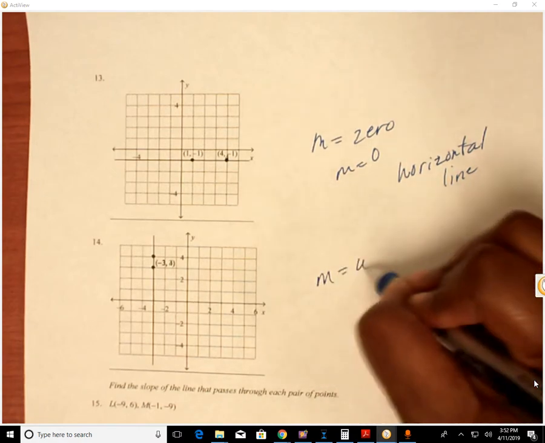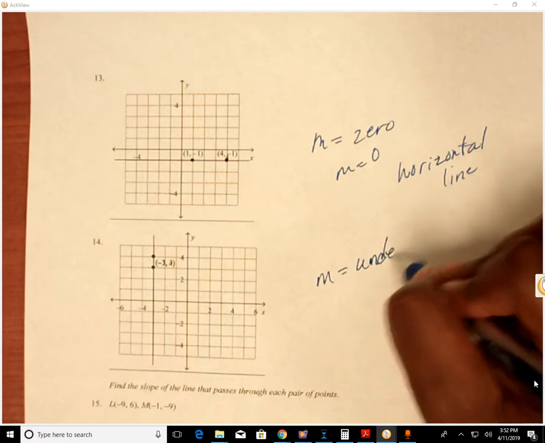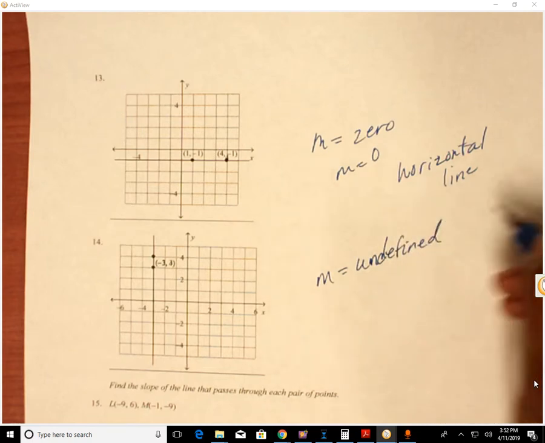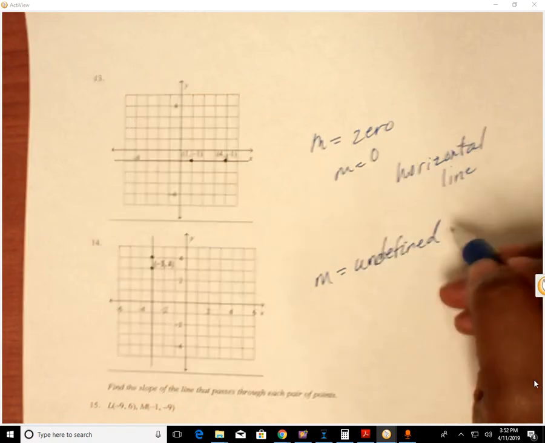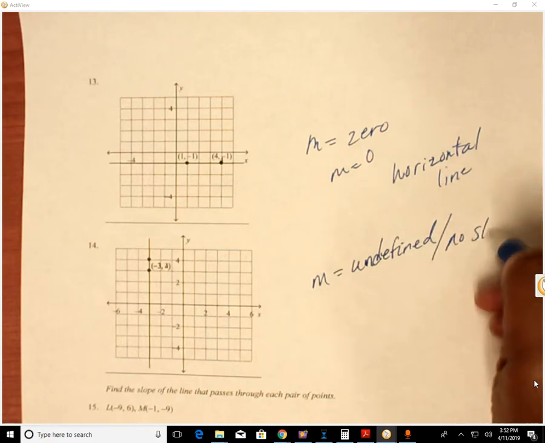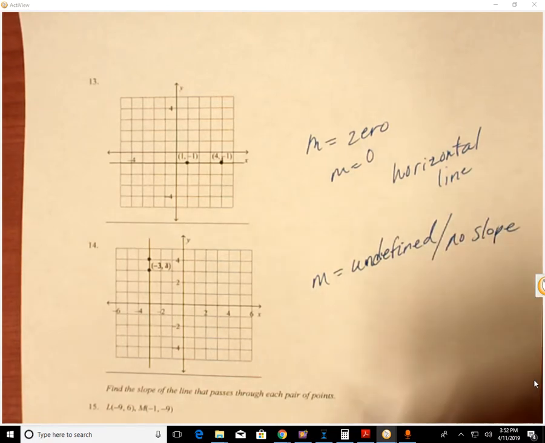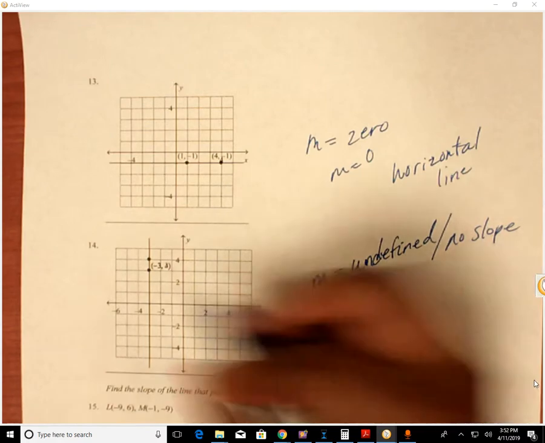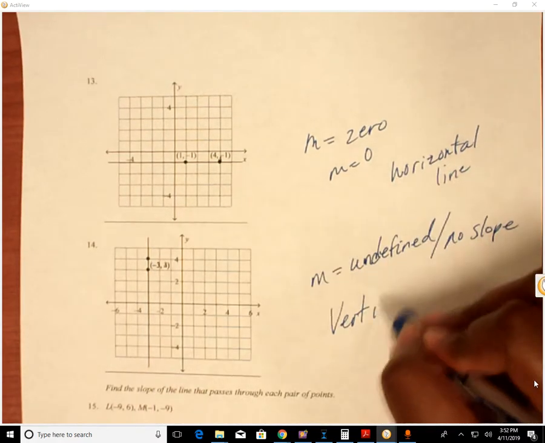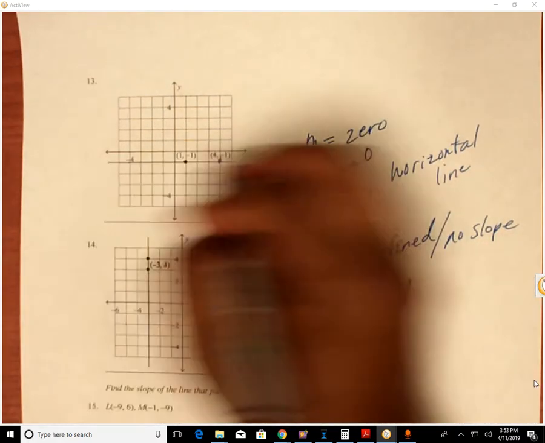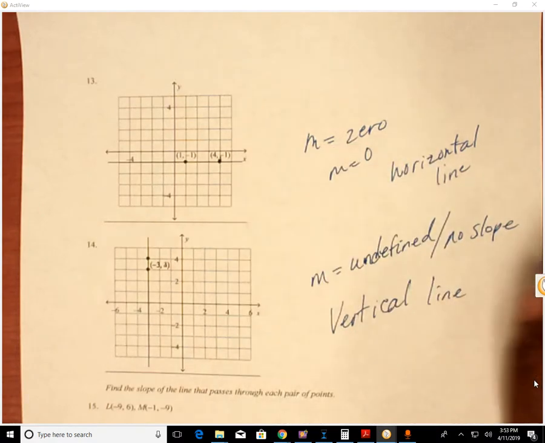And this one is called undefined, or no slope. And this is your vertical line. It is up and down. You see it? Vertical line. Horizontal line up there. Okay.